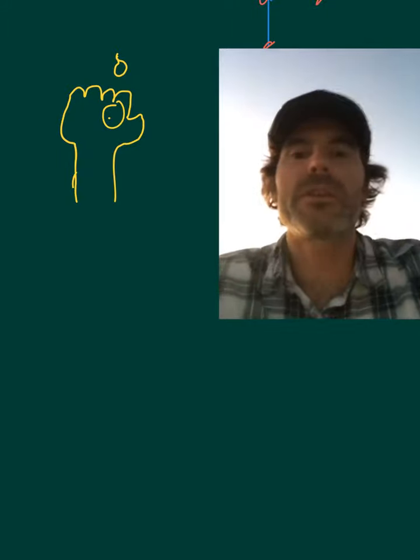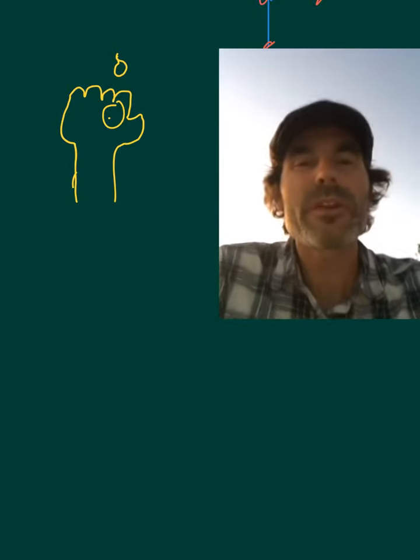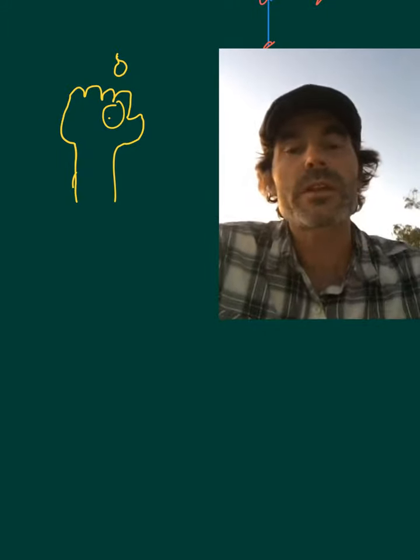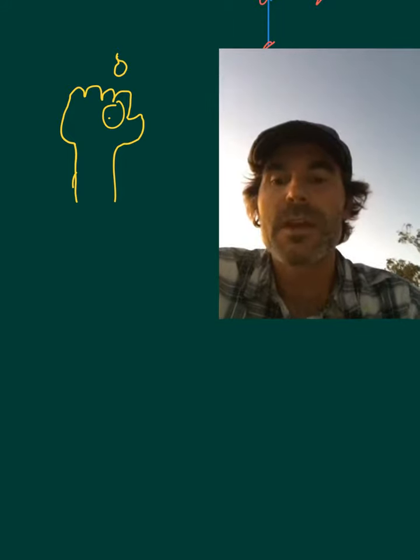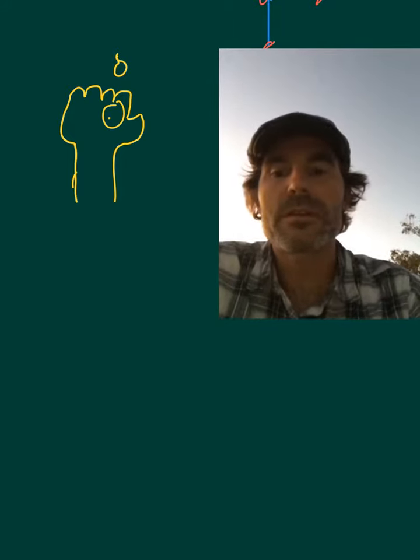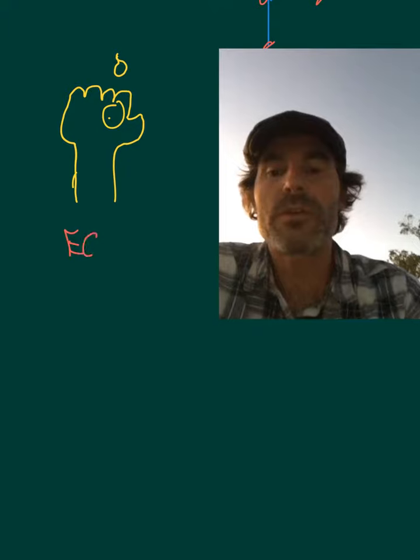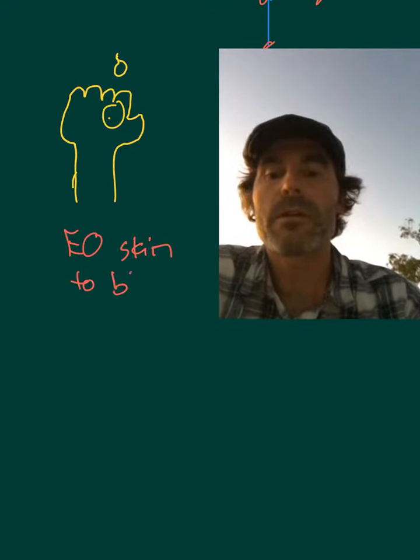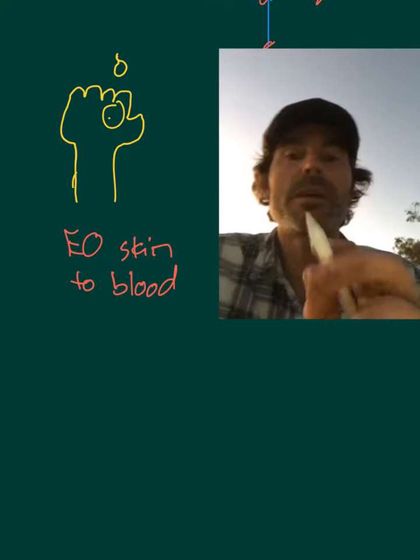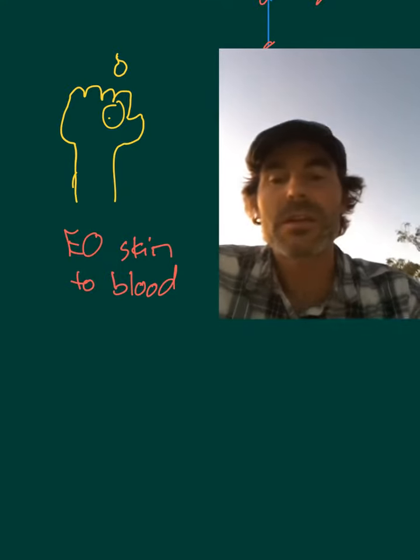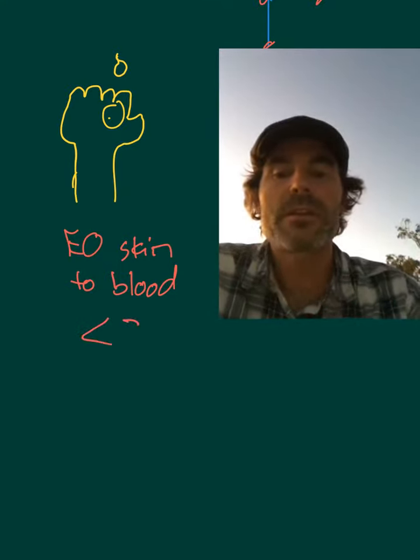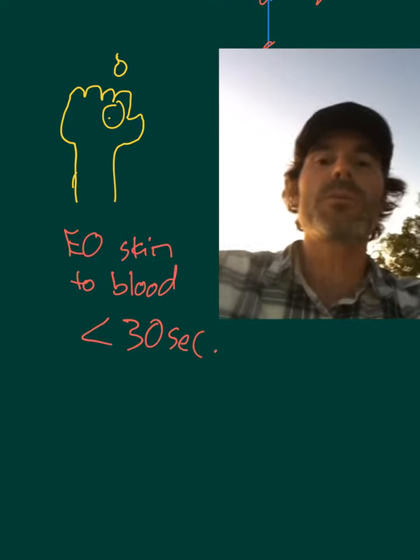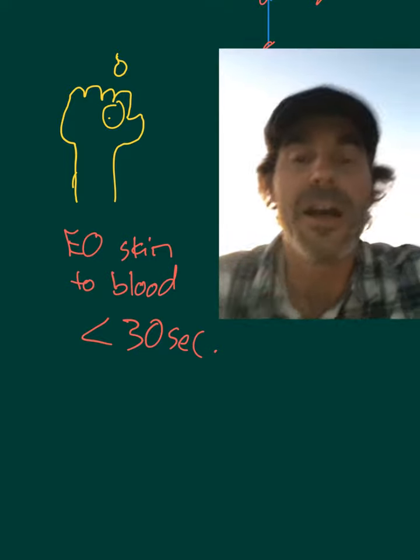So that's impressive, but what's even more impressive is that it happens so quickly. So how quickly does an essential oil get from the skin to the blood? Well, this simple demonstration seems to indicate that it can occur within less than 30 seconds. Which is quite impressive.